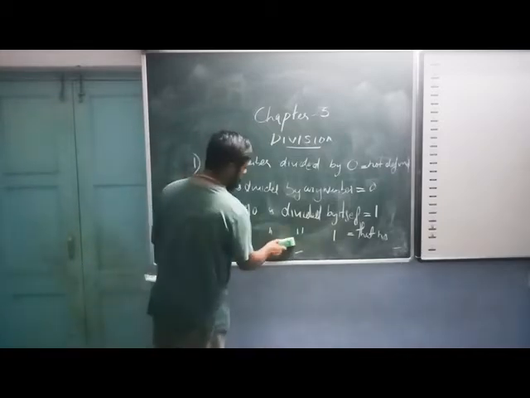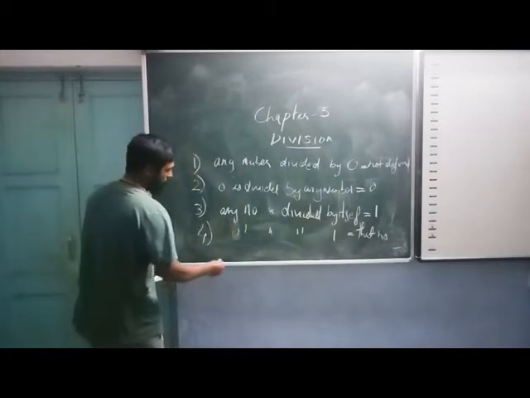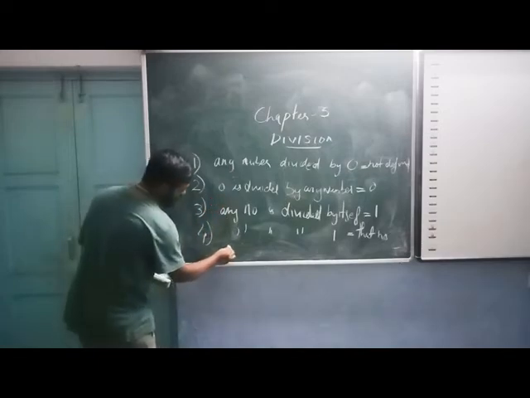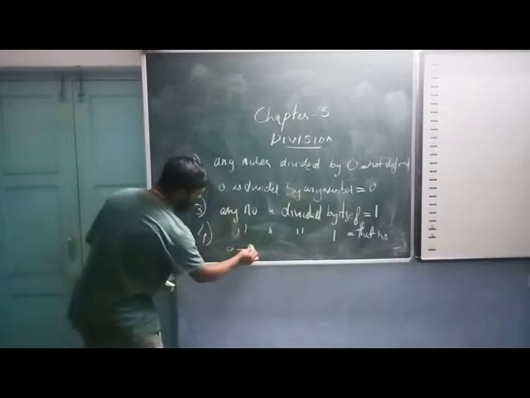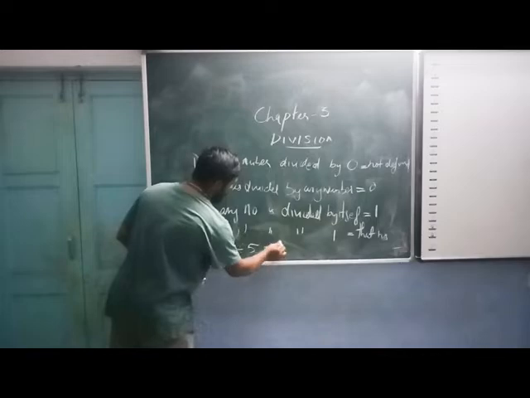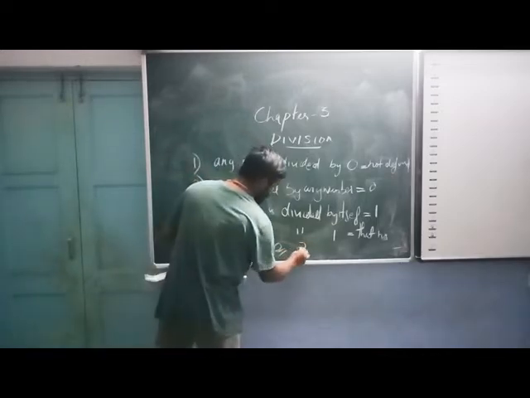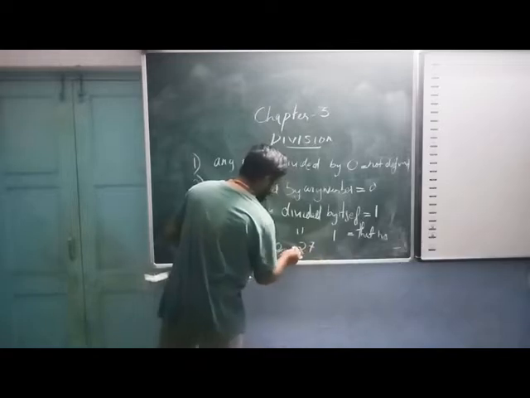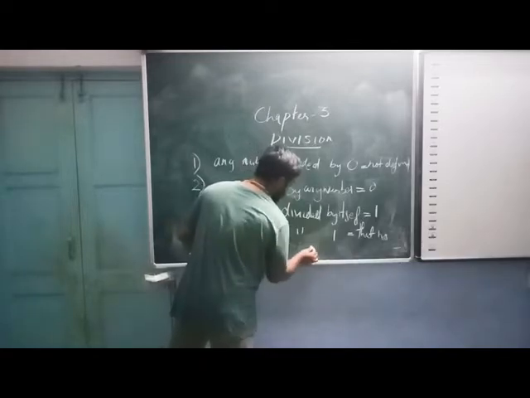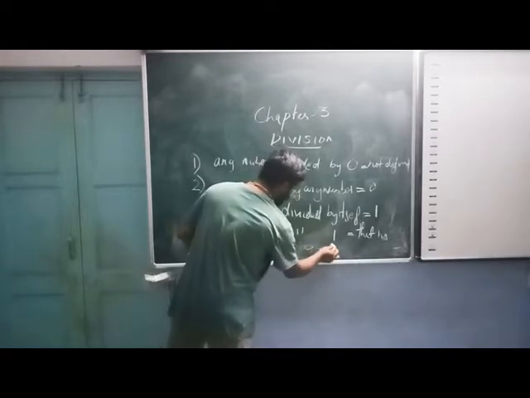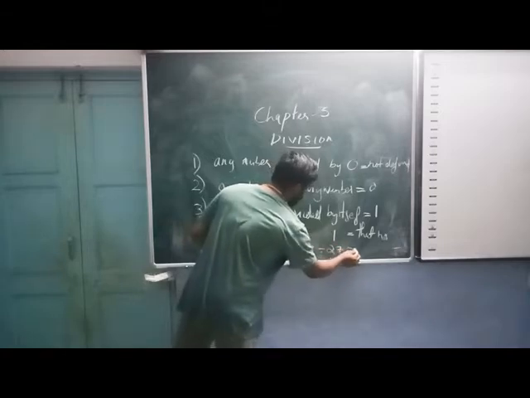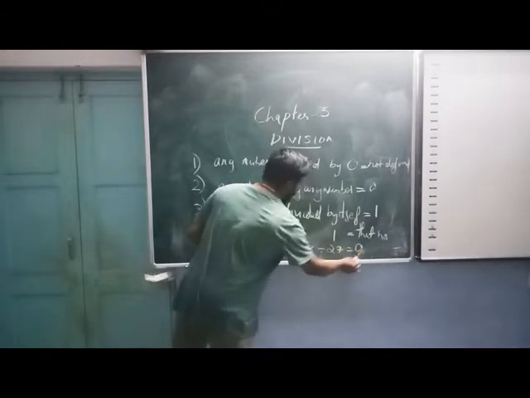And in the case of the second rule, how do we do it? 0 divided by 5, the answer is 0 itself. Or if you want to divide 0 divided by 27, the answer will be 0 itself.